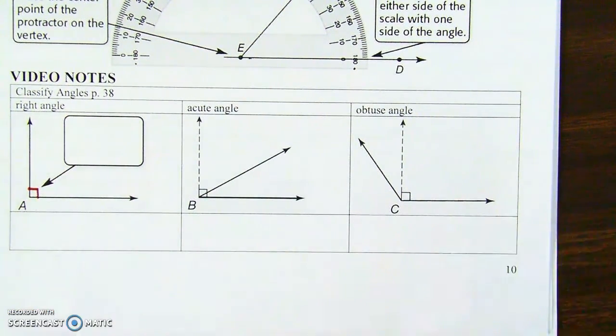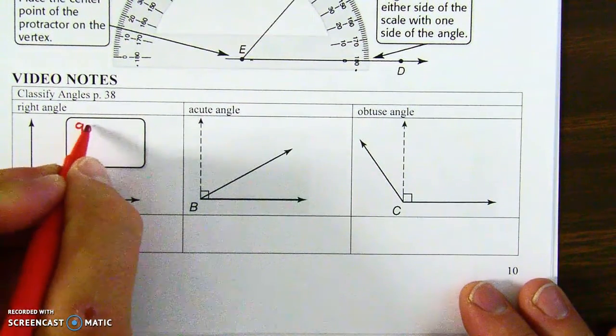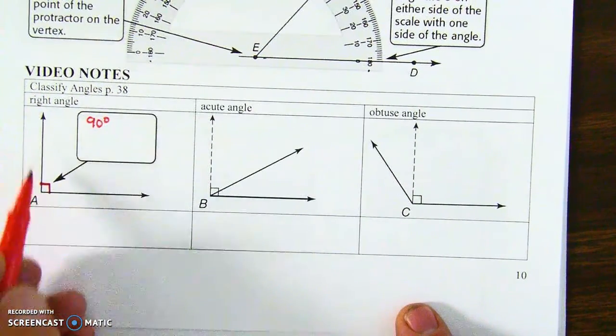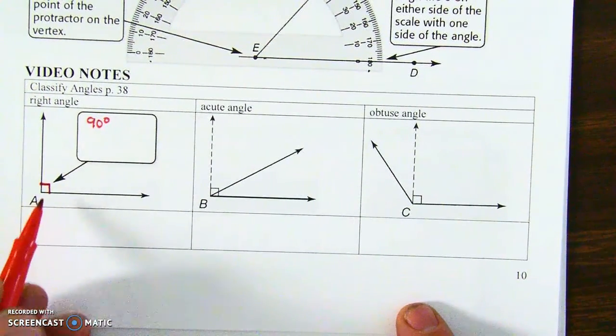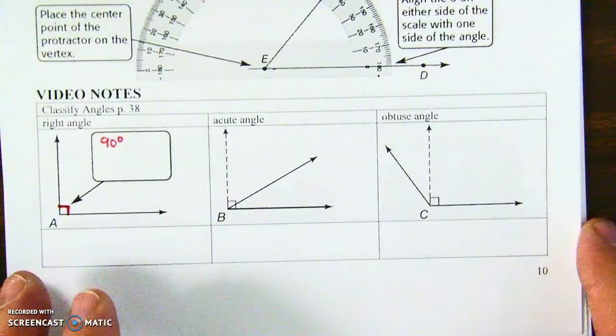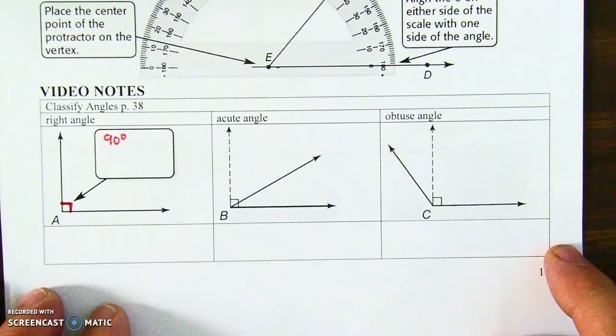And this right angle automatically means that we are going to call this 90 degrees, okay? Anytime where it looks like an elbow or a square of any kind, and this little symbol is down here in the corner, that means this is automatically going to be 90 degrees.